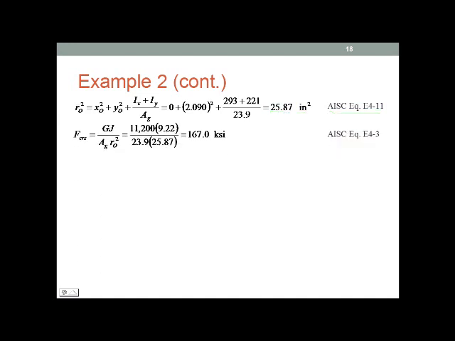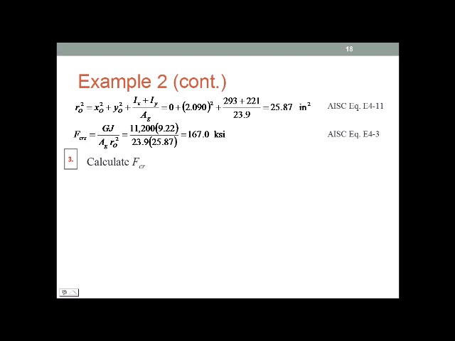Now we are ready to calculate F critical Z. F critical Z can be calculated using equation E4-3 found in the AISC specifications. Now if you substitute for the unknowns, you'll get F critical Z equal to 167 KSI. Remember, G is the shear modulus of elasticity of steel, and this value is 11,200 KSI.